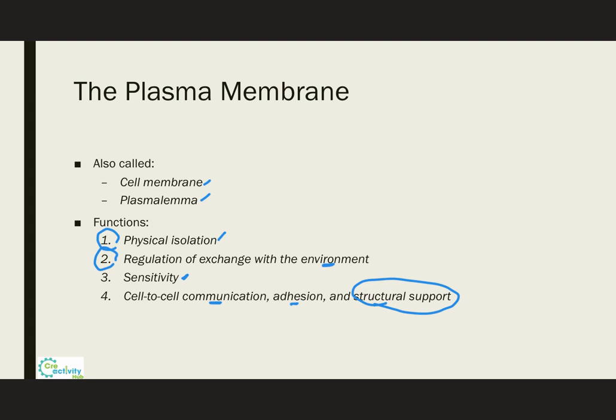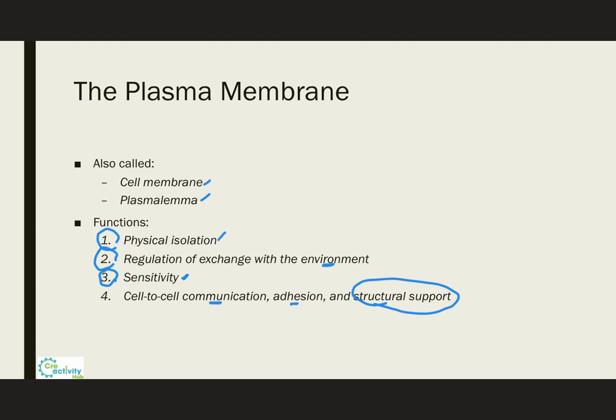With regards to sensitivity, since the plasma membrane is the most external part of the cell, it will be the first part that will be affected by any changes that might occur in the extracellular fluid or the extracellular environment, and it will also contain a variety of specialized structures known as receptors.